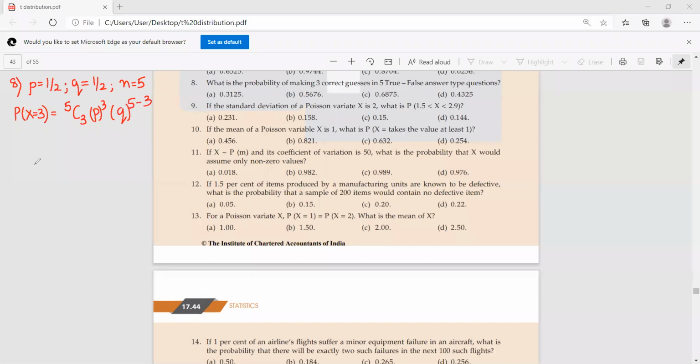So this is going to be 5C3 5 factorial upon 3 factorial and then 2 factorial, 1/2 to the power 3, 1/2 to the power 2. So this will be 5 into 4, 20/2, 10 into 1/2 to the power 5, that is 10 by 32. So 10 by 32, it turns out to be how much?